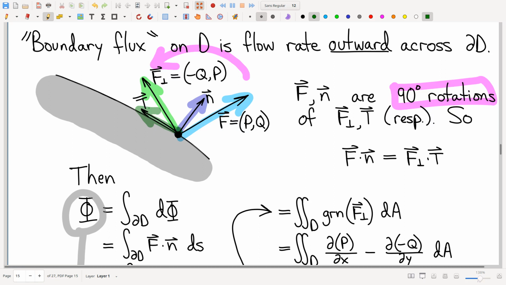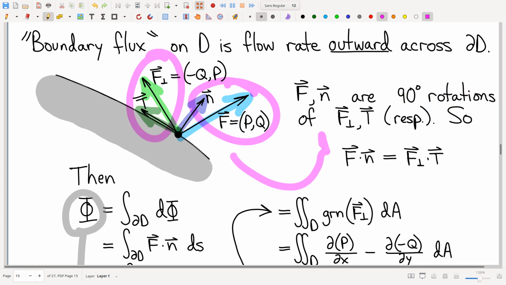So, having made that observation, I'll now point out that this dot product and this dot product are the same, because when you rotate a pair of vectors, you're not changing the magnitudes, and you're not changing the angle between them, because we're rotating them both the same amount. So the dot product doesn't change at all when you do this 90-degree rotation.